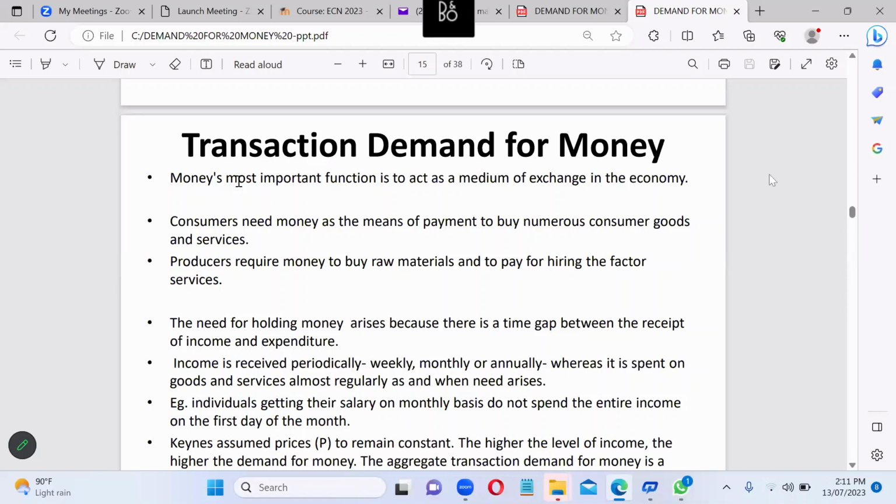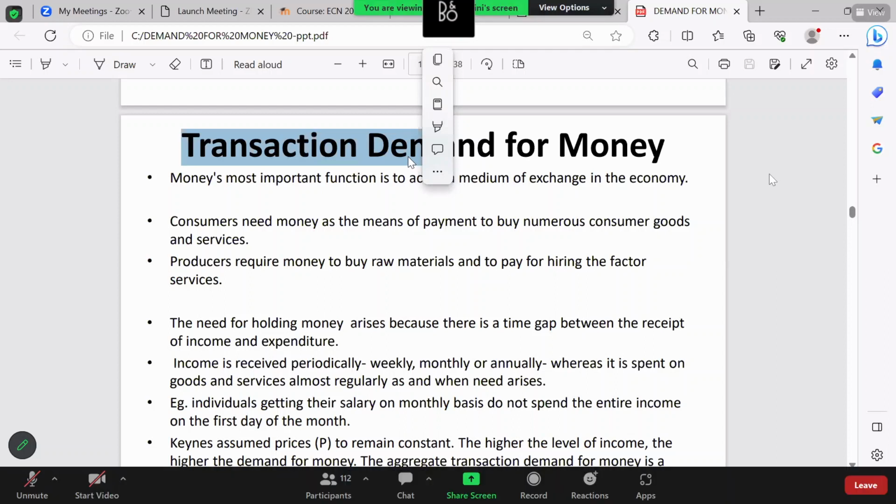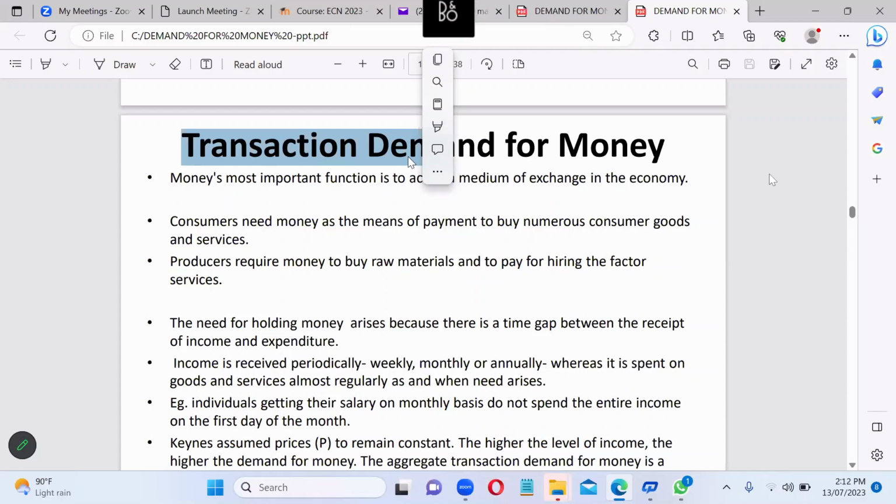We are purchasing some goods from sellers, or we are getting a service from sellers. The first thing is the transaction. For the transaction, we have to pay money. So that's why we are holding money. Keynes told this concept.